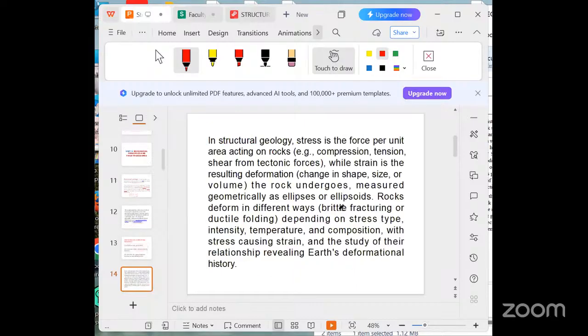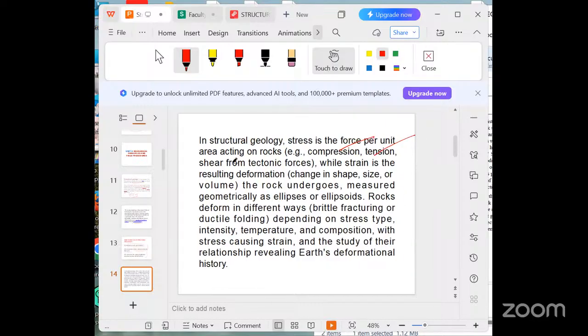In structural geology, stress is the force per unit area acting on rocks, for example compression, tension and shear from tectonic forces. Strain is the resulting deformation, meaning the change in shape, size or volume that the rock undergoes, measured geometrically as ellipses or ellipsoids.